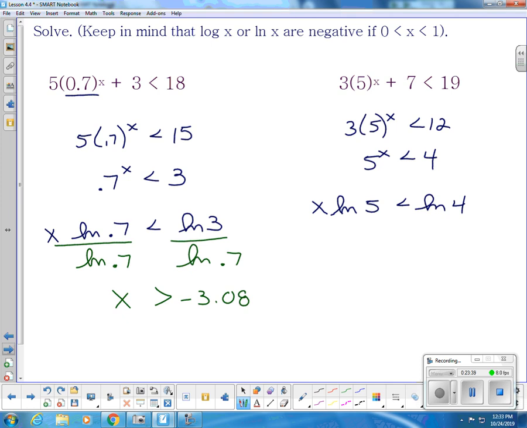Positive. So when I divide by it, my symbol stays the same. It doesn't reverse. All right. Not too bad.